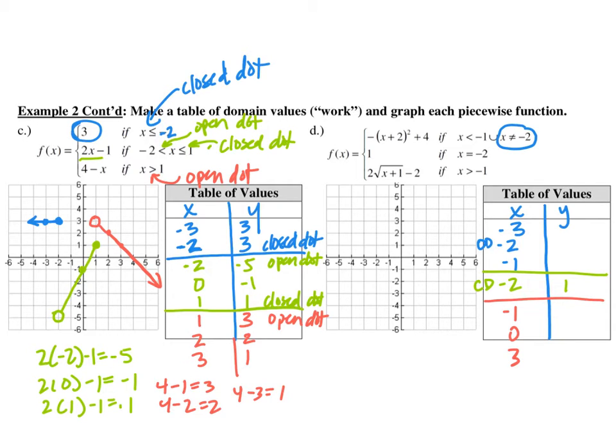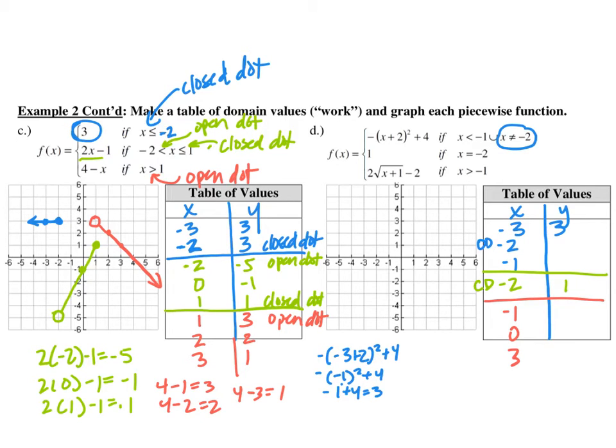Alright, so let's substitute these values in and see what we get. So in the first one, we're substituting in -3: (-3 plus 2) squared plus 4. So -3 plus 2 is -1. -1 squared is 1. 1 plus 4 is 5.